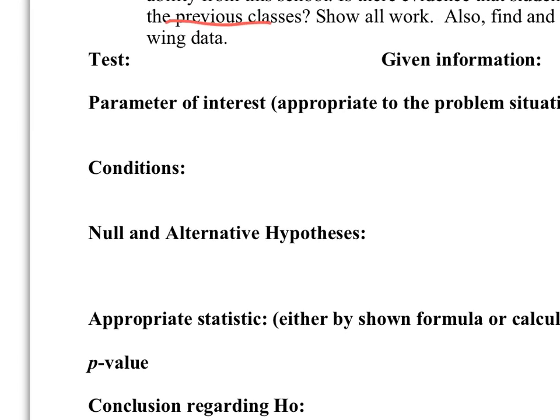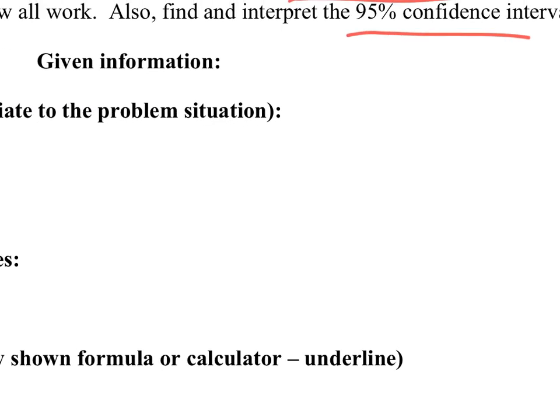Now, what's the name of the test we're going to do? Because what we're going to do is see if that class is better than what his other classes have always averaged. What kind of t-test? One sample t-test. And the given has to be these things.